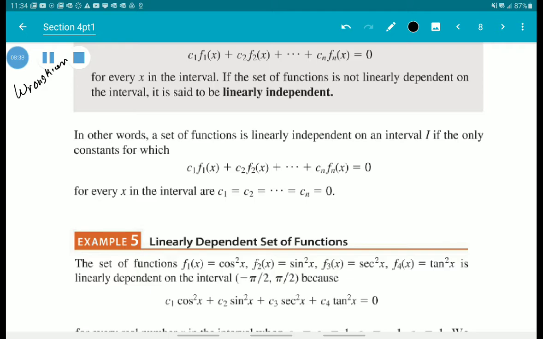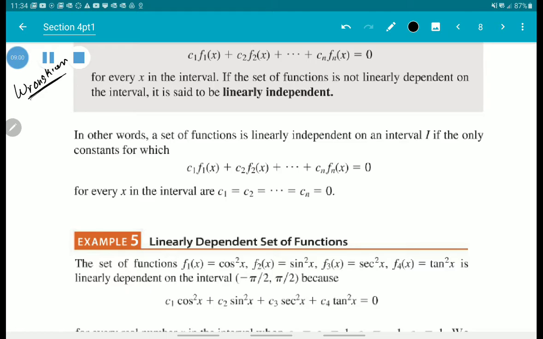We don't want to duplicate efforts. We want to write our solution as simply as possible. So eliminating linear combinations is the best way to do that. And that's why we look for linear independence among the solutions. So that's where the idea of that Wronskian is going to come in.